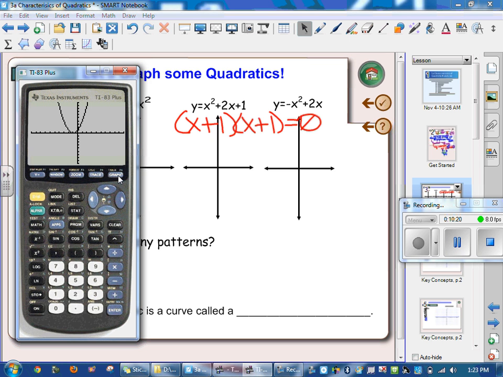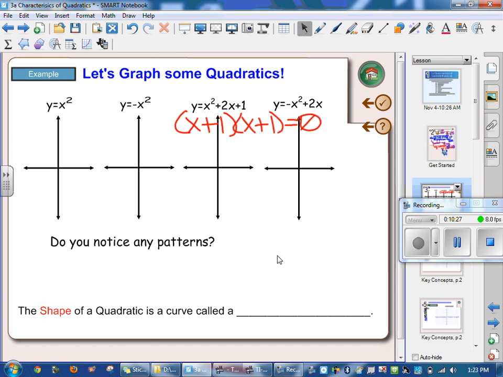Okay. So now we're going to say this guy's like this. And what number should he touch on the y-axis here? +1. That's where he touches on that graph. And he touches down here at -1. That's what that graph does.